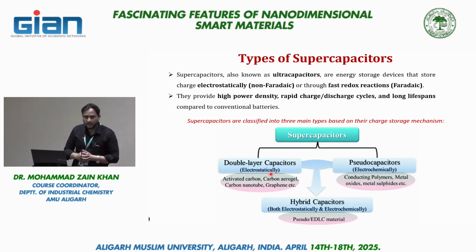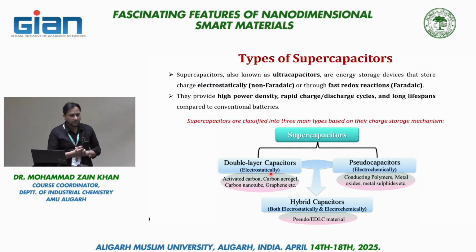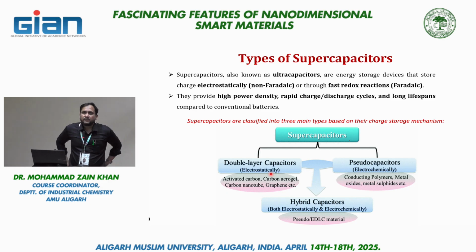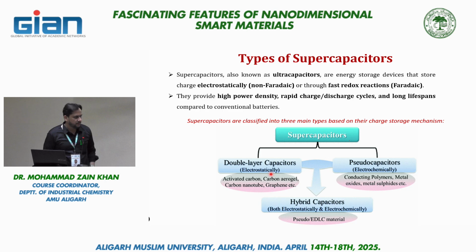And then there is a third category, hybrid capacitors, because we are also working on developing supercapacitors and testing different materials. We have developed graphene and carbon nanotubes, which, as I just mentioned, behave more like an EDLC, and we are also working on metal nanoparticles or metal oxide nanoparticles, which work more as pseudocapacitors.